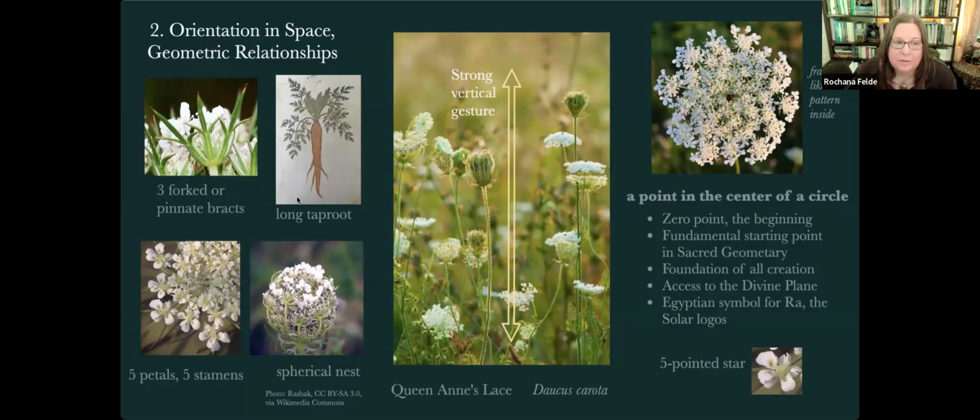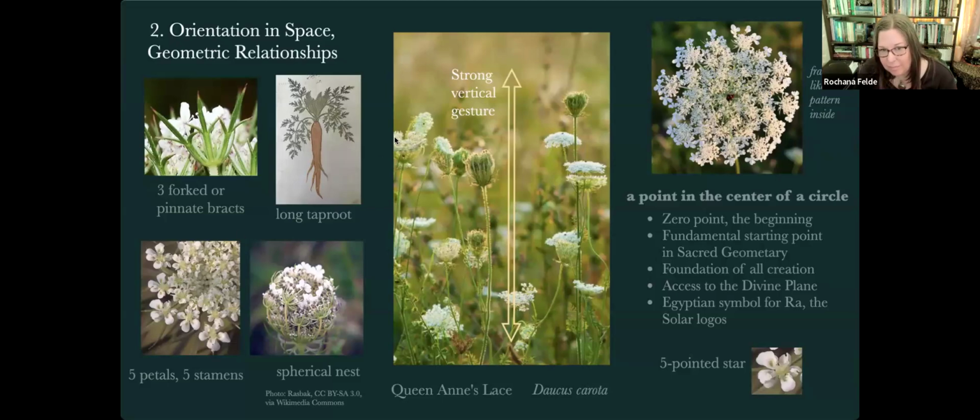Looking at the geometric relationships, we can see that there are these forked bracts that may be indicative of the number three, and each little tiny flower in the umbellet holding these flowers, they're little five-petaled flowers with five stamens as well.